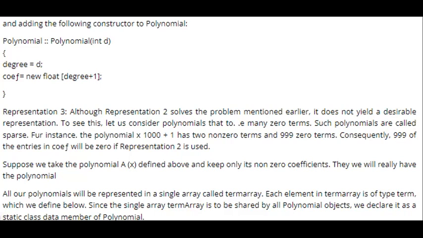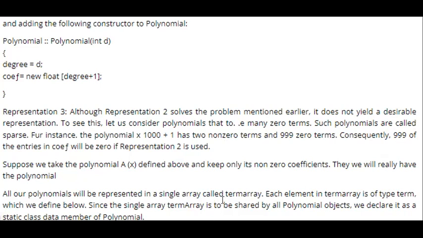Suppose we take the polynomial a of x defined above and keep only its non-zero coefficients. All our polynomials will be represented in a single array called term array. Each element in term array is of type term, which we will define below.